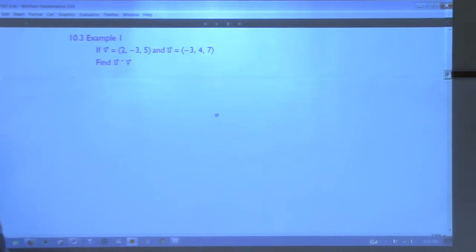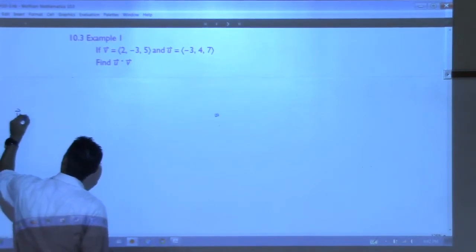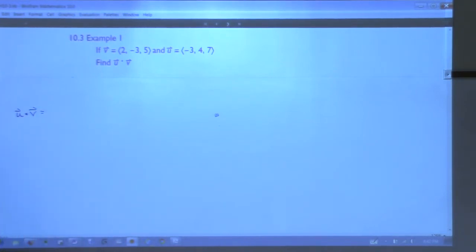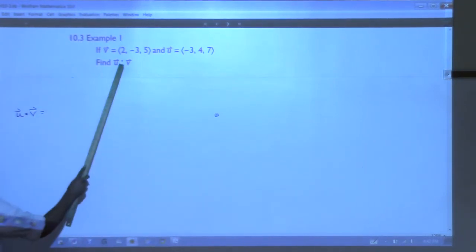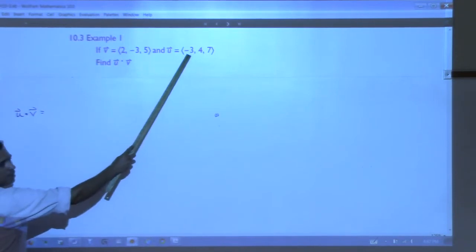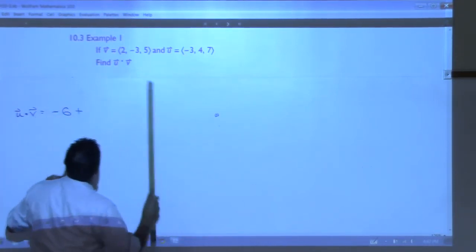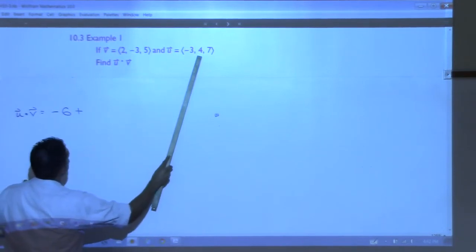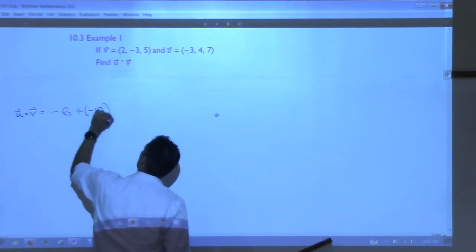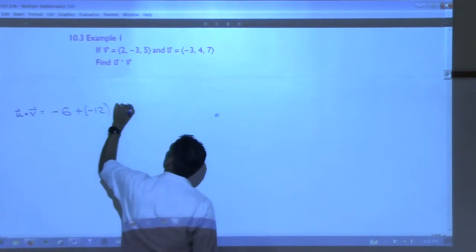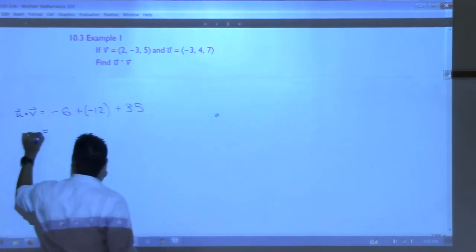Now, I'm sure you can all do this dot product, but let's just do it, all right? What is u dot v here? Okay, so you're going to just multiply the components together. 2 times -3, -6. Add to that, -3 times 4. And then add to that 5 times 7, so 35. So we get a numerical value here.